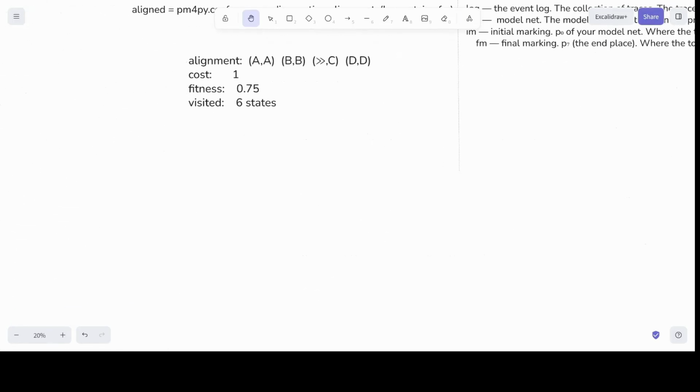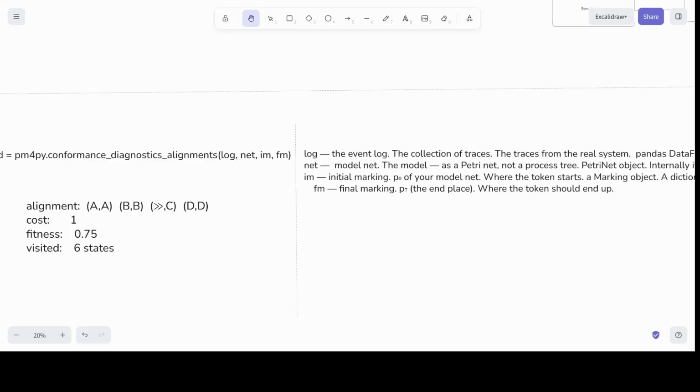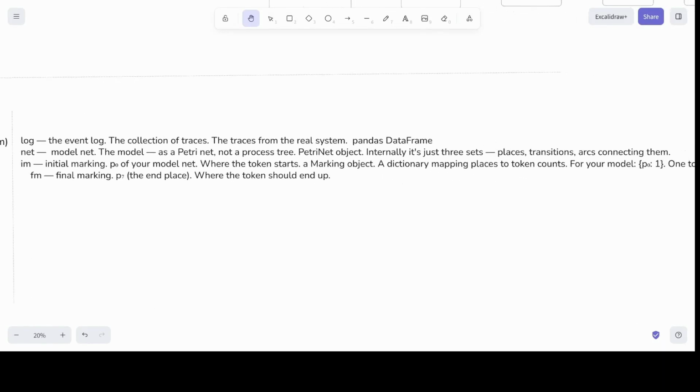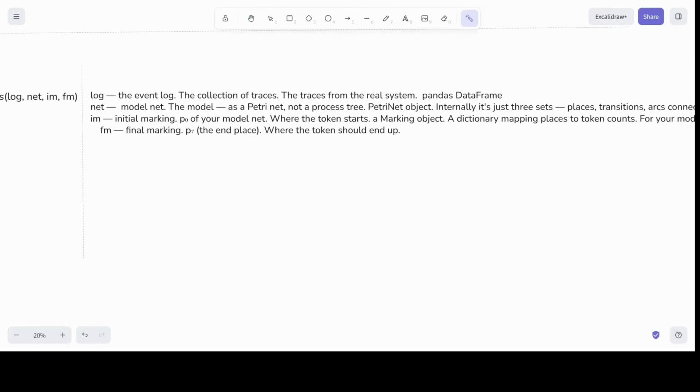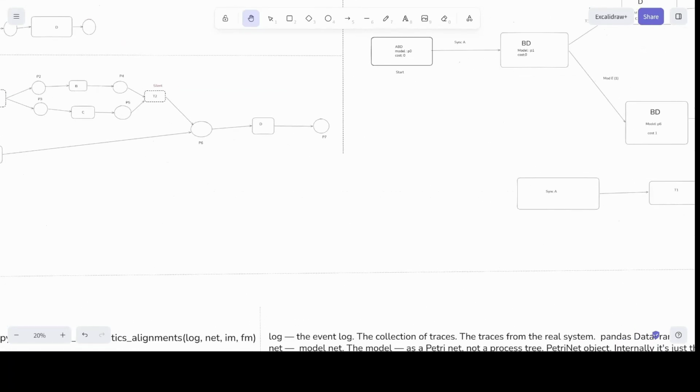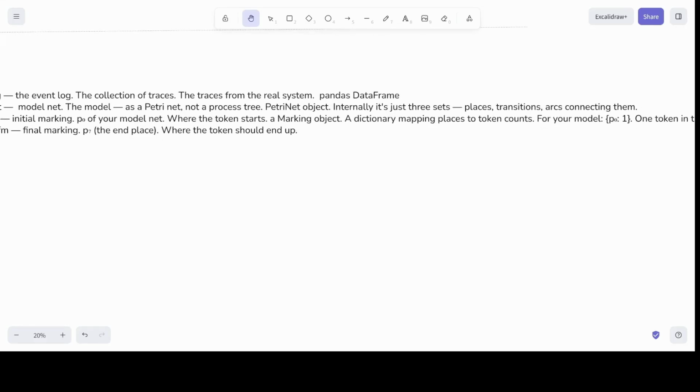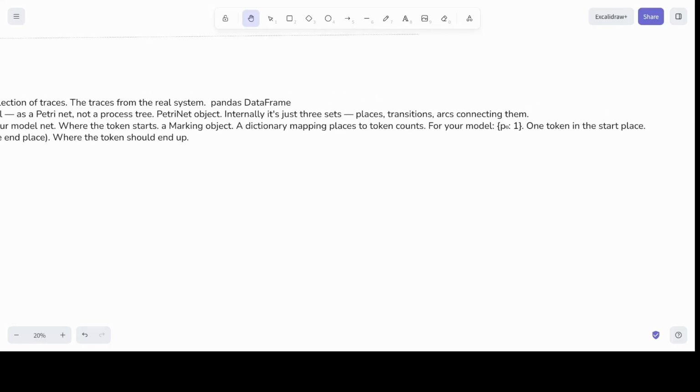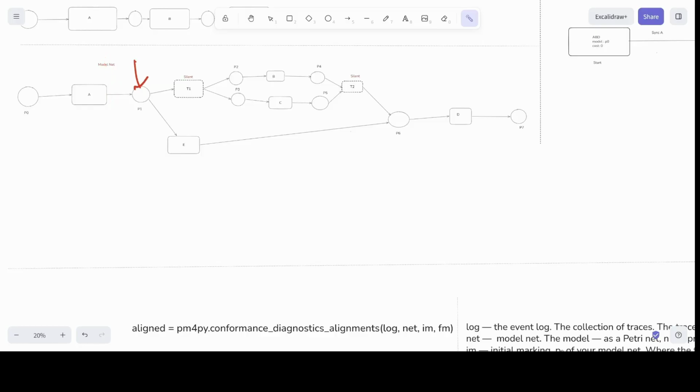Now back, the function conformance diagnostics alignment takes 4 inputs. So log, the event log, the collection of traces, the traces from the real system, and it's a pandas data frame. After that, it's a model net. So our model net, this basically, it's a Petri net. It's a Petri net object. Internally, it's just 3 sets: places, transitions, arcs connecting them. So basically, our places here, the transitions, and the arcs connecting them.